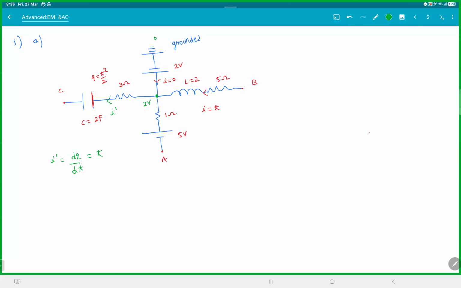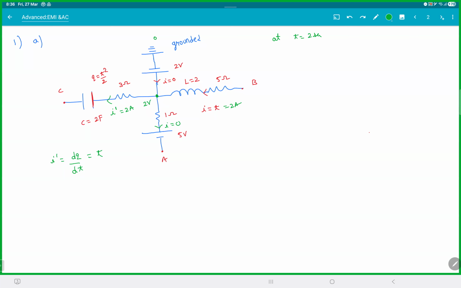So at t equal to 2 seconds, this current will be 2 ampere, and this current is also 2 ampere. This branch must have current 0, because whatever is coming, everything is going. Junction law is valid, so there is no current in the branch A. Clear with that?